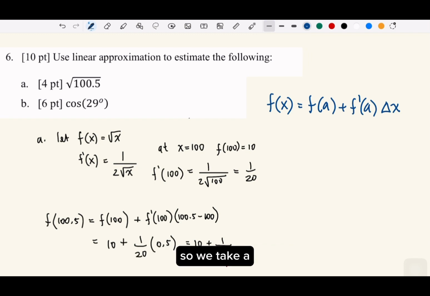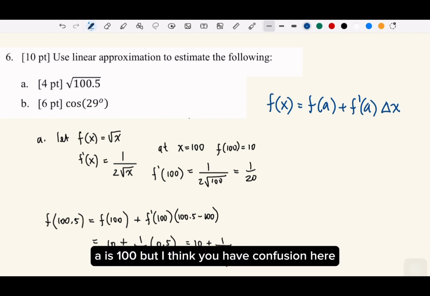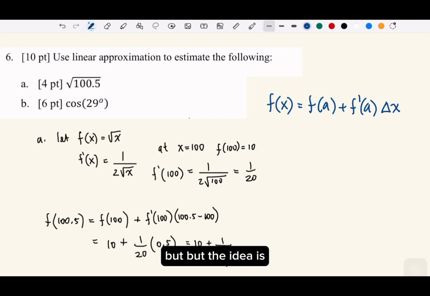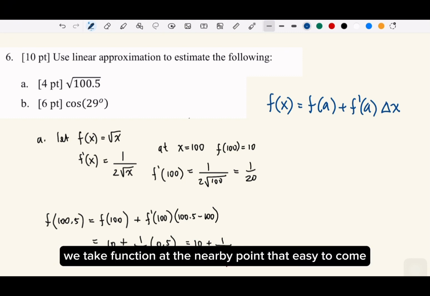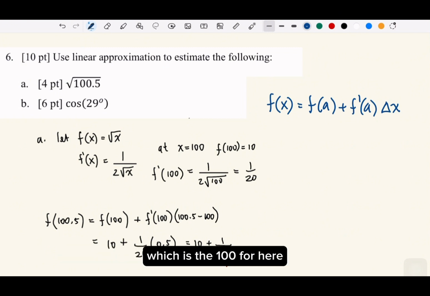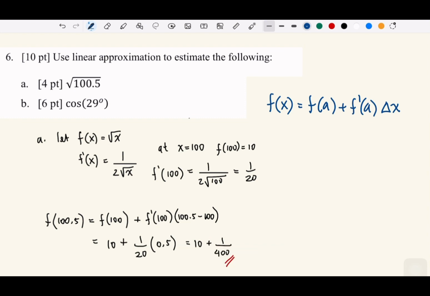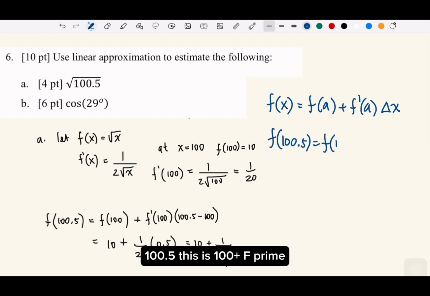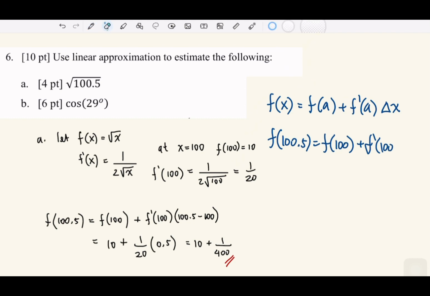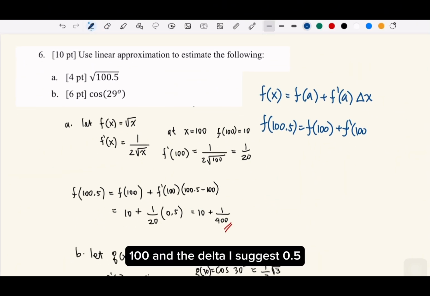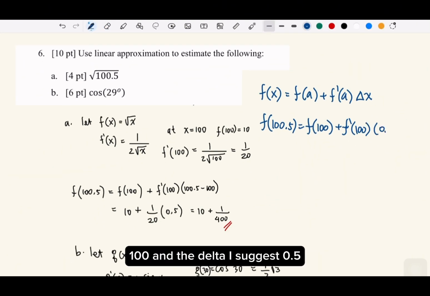So we take a is 100, but I think you have confusion here. The idea is we take the function at the nearby point that's easy to calculate, which is 100. So f of 100.5 is f of 100 plus f prime of 100, and the delta x is just 0.5.